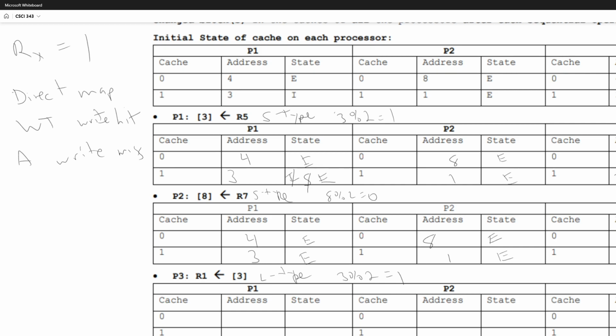We're going to change it to, actually, you have to check if any of the other caches have it. So processor 1's cache has it. So when it snoops, it'll drop it onto the bus. So then this will become shared, and also this one will go from exclusive to shared.